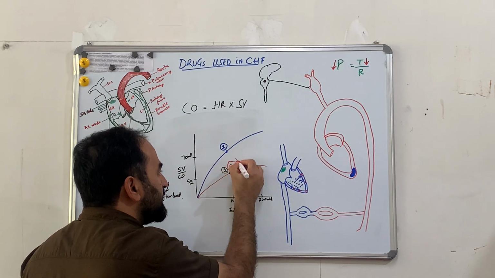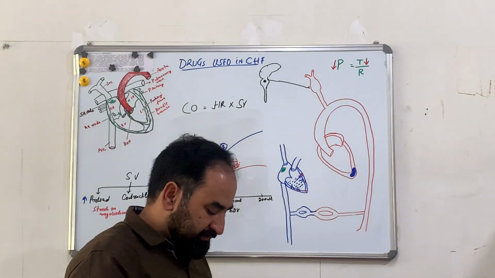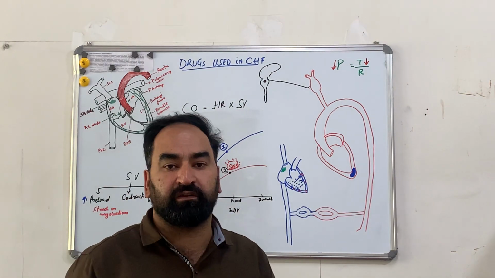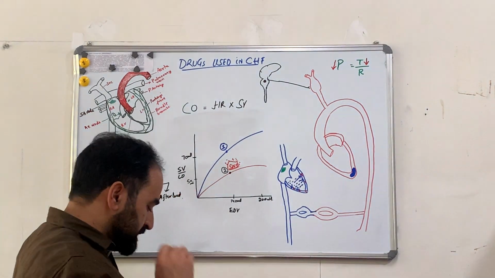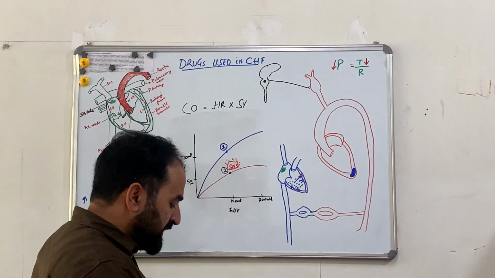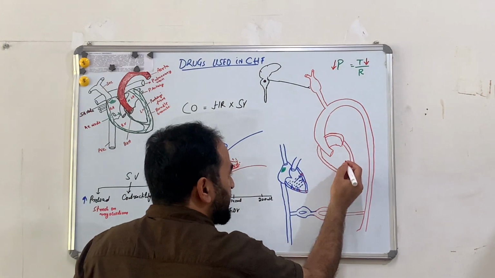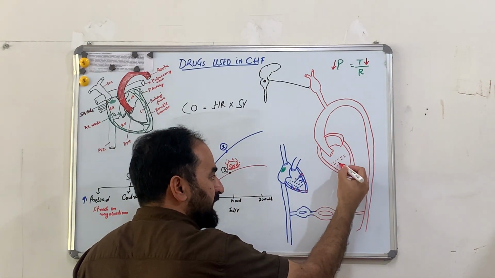When your heart failure is of shorter duration, this sympathetic nervous system is very helpful for the heart. How? Let me make you understand what will happen. Say for example, in a failing heart, how much volume is here? 140 ml end diastolic volume.